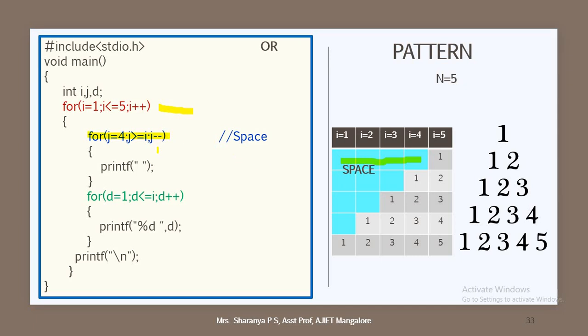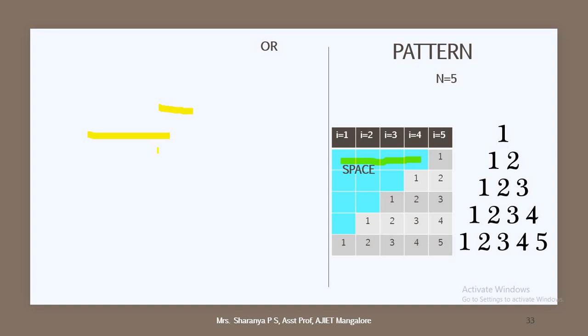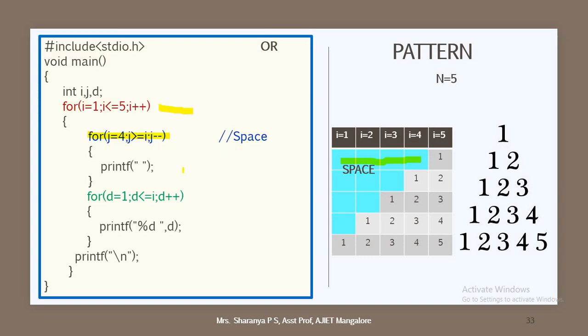Rather than the previous code, where we started with the space equal to 1 and ran till n minus i, here we exclusively mention how many spaces we want to print. So we start with j equal to 4 and j is greater than or equal to i. Why greater than or equal to i?